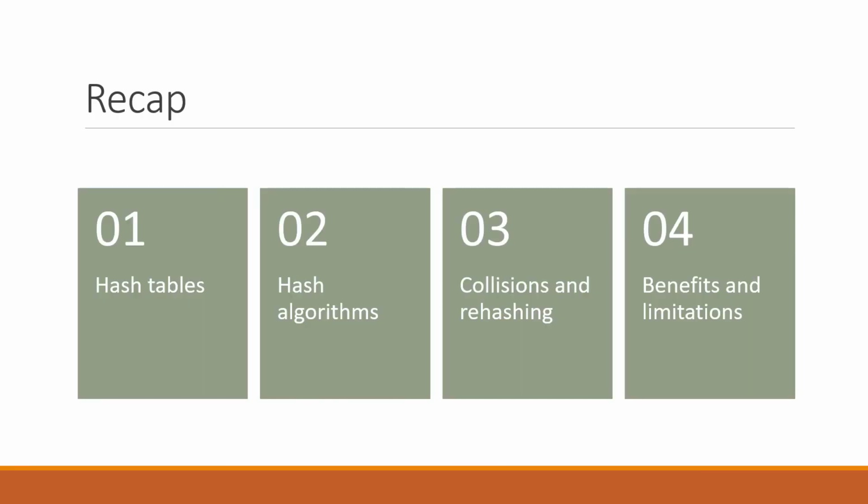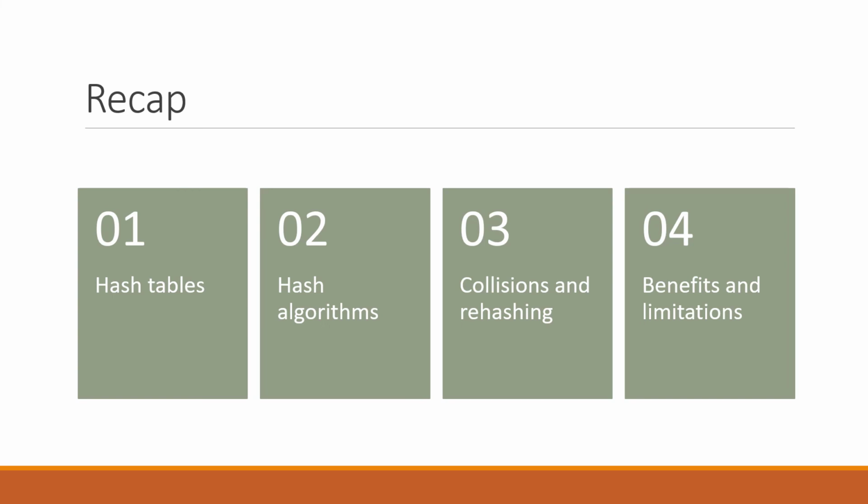So hash tables are areas of storage where values are stored in a location that is generated from the data value itself. Turning a data value into an integer is the work of a hash algorithm. If two values end up in the same space, that's called a collision.